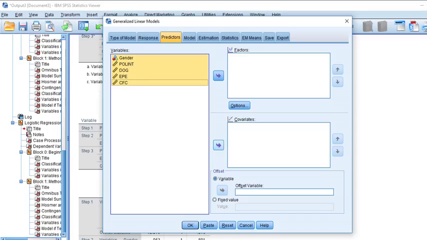Move those down here. Now, I said before that gender we've added in as a covariate right here because we can still treat it as a scale variable so long as it's a dummy variable.